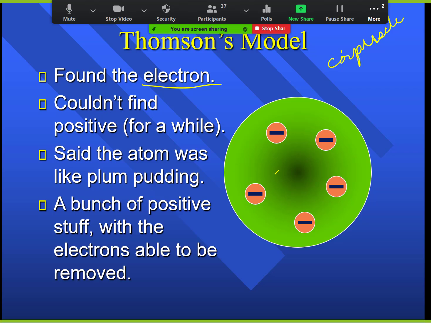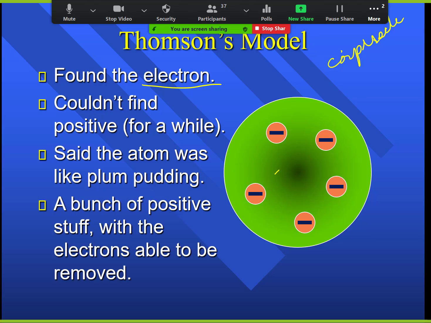And then you had negative pieces that could go flying out, just like you could take the raisins out of raisin bread. Now, if we had invented this idea, we probably would have called it the chocolate chip cookie dough model, where the dough is the positive and the negative electrons are the chocolate chips that you could pull out of there.